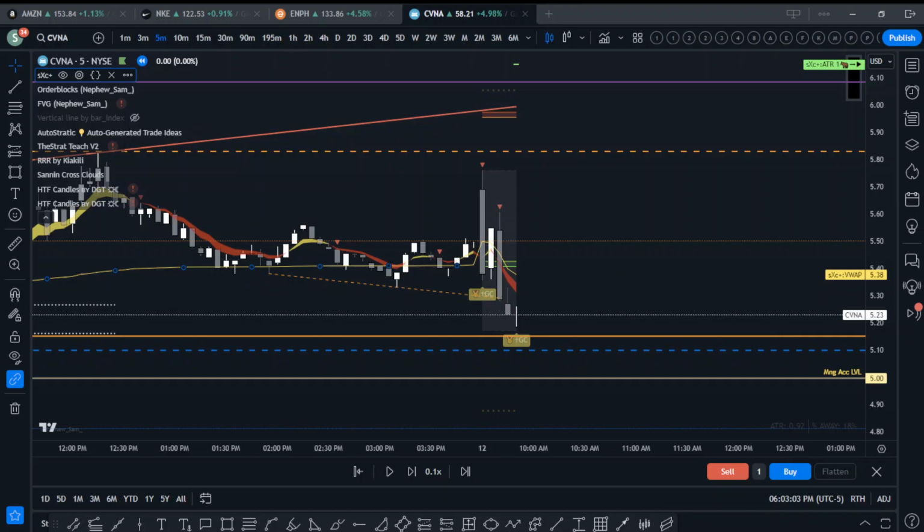So that's why you want to see strong breaks above there, strong candles above there. You don't want to see it wicking or making wicks from that level. You want to see strong, thick, no wick bars breaking those levels. And then you want to see the next bar holding above those levels.